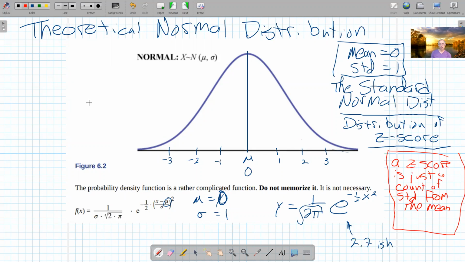And to calculate a z-score based on data, there's a few different ways to do it, but the way we did it way back in chapter 2 was you take whatever number you have from the data set and you subtract from that the average of the data, or maybe the population, and you divide by standard deviation. So x minus mu, that's what we call deviation.